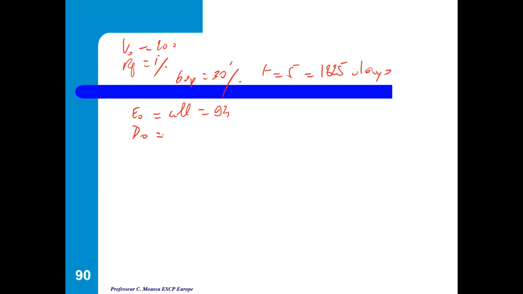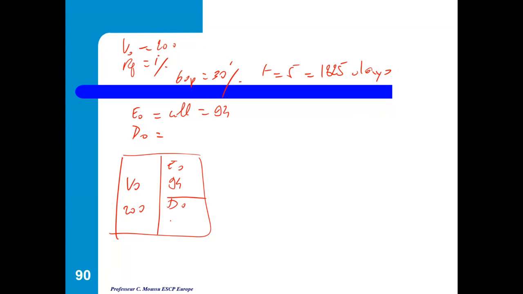The value of the debt is not complicated. The value of the firm is 200, the value of equity is 94. So it means that the value of the debt is 106.